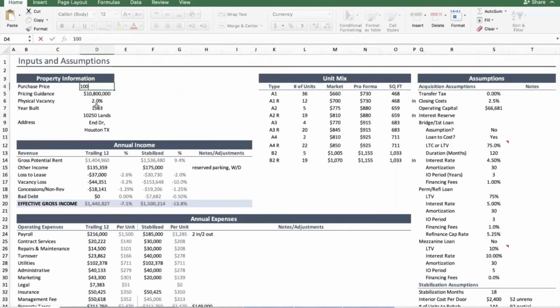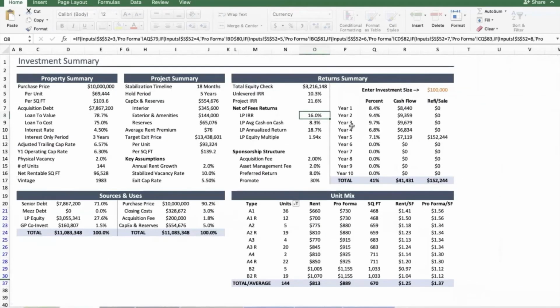Okay. So let's knock this price down. And now we're at a 16 IRR. Yep. So what this means, let's say, for example, we have a 13% IRR hurdle, where after 13%, the GP and LP will split the profits 50-50.